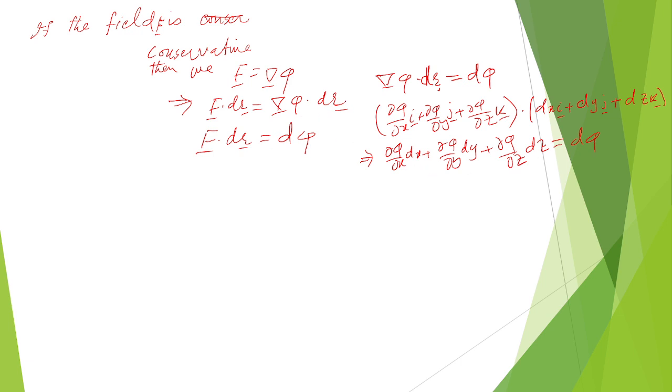So the dot product of these two vectors is d phi, but d phi is exact differential.